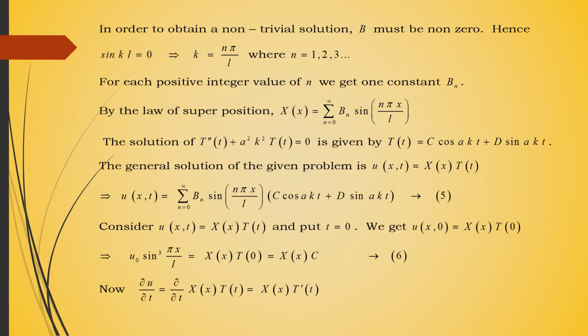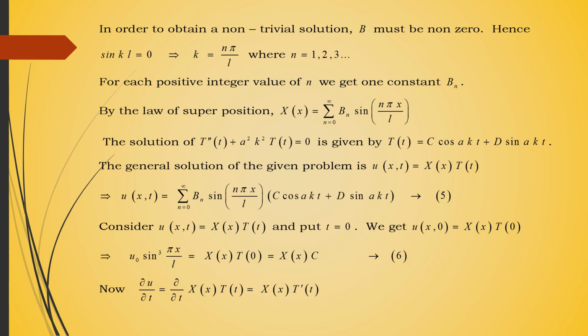If we take B = 0, we obtain only the trivial solution u(x,t) = 0, but we want non-trivial solutions. So to obtain non-trivial solutions, B should not be 0. Because B is not equal to 0, we must have sin kL = 0.